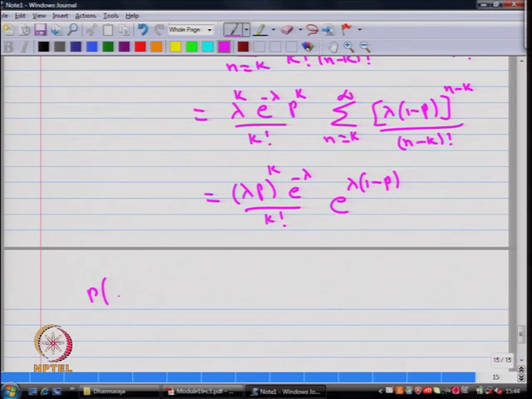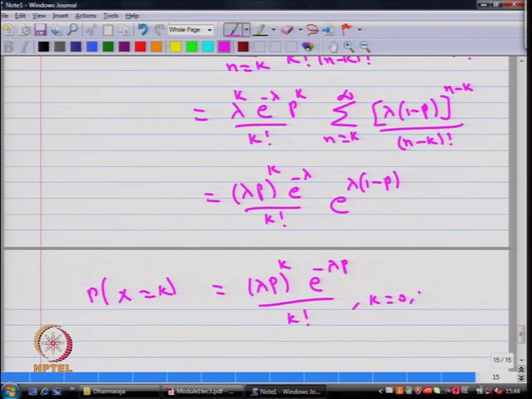Therefore, the probability of X takes the value k is same as (lambda p) power k e power minus lambda p divided by k factorial, where k takes the value 0, 1, 2 and so on.